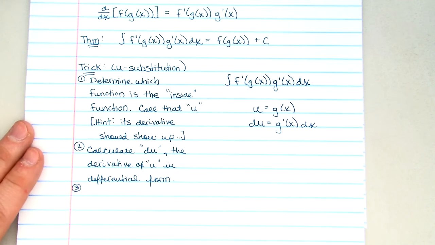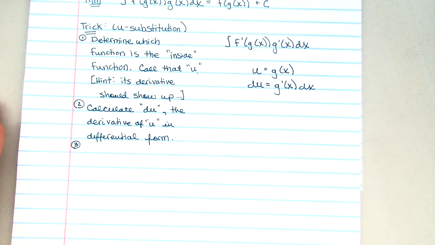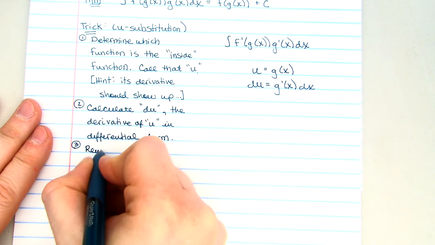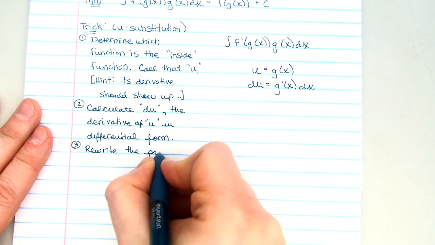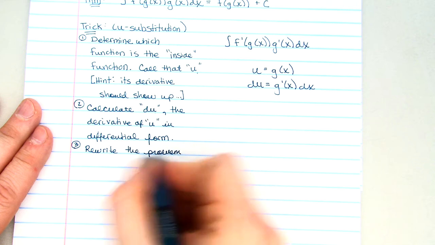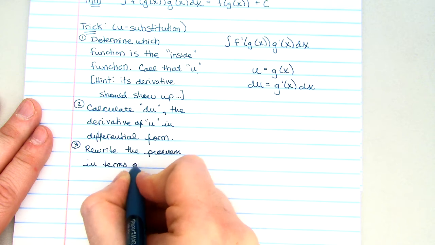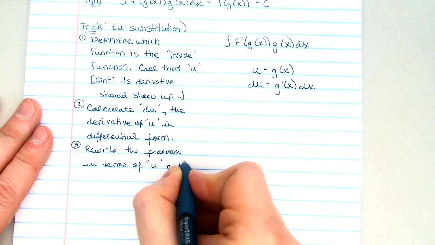Then, the point of all that, let me move up to the top. The point of all that is I am now going to rewrite my problem in terms of u and du.